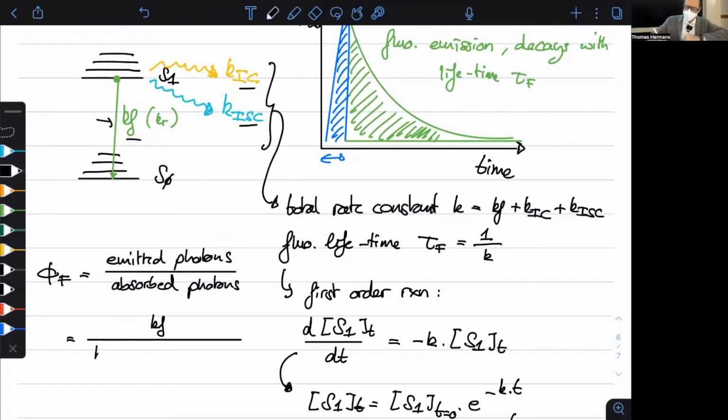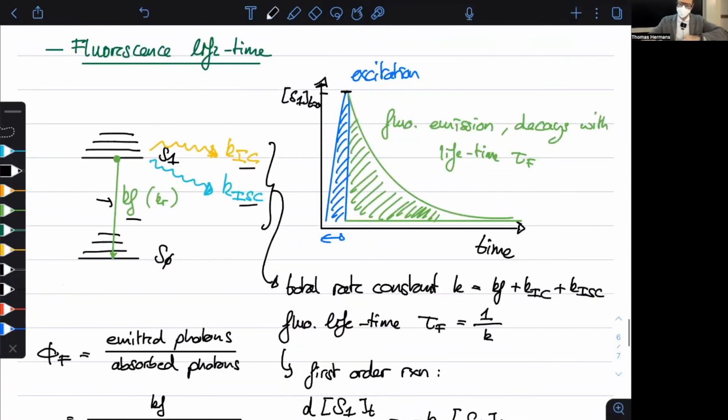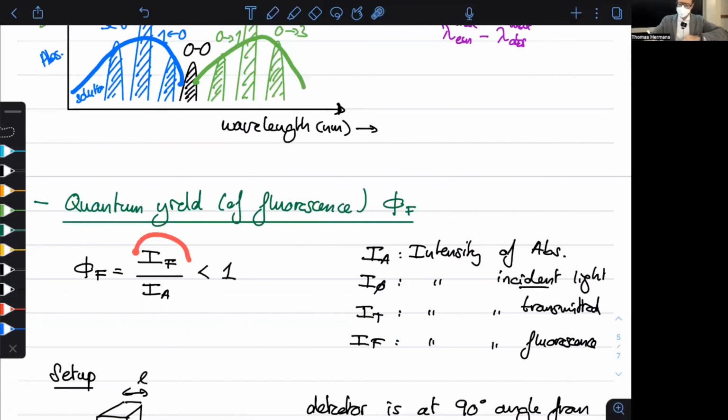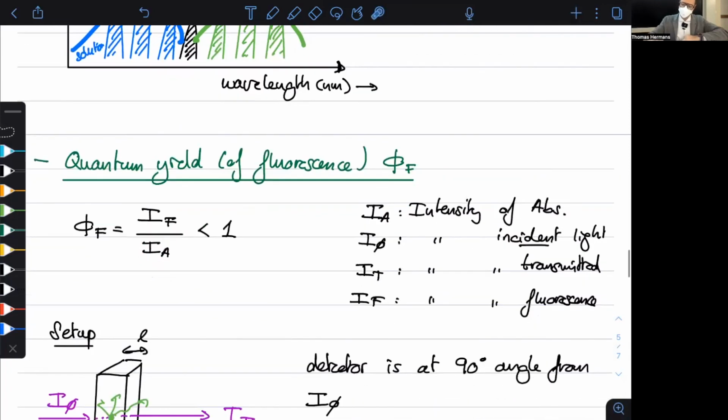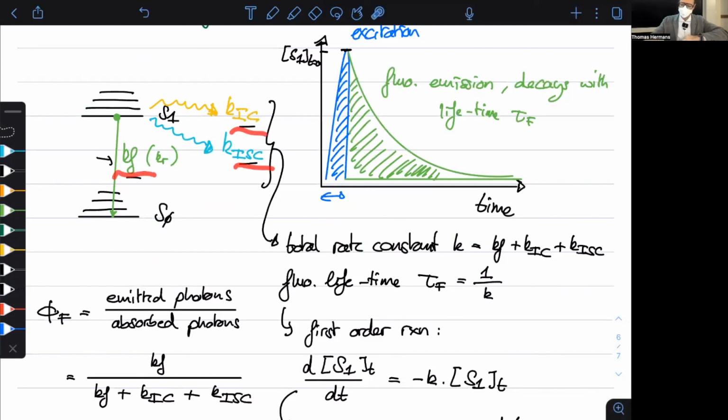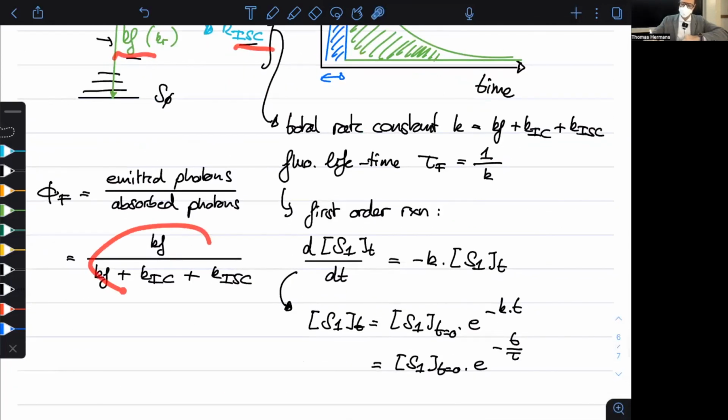So here I have kf plus k internal conversion plus k intersystem crossing. And so that's a different way to look at quantum yield, right? So before we said quantum yield was the intensity of fluorescence over that of absorption, which is also true. But if you know these rate constants, you can also calculate this quantum yield.